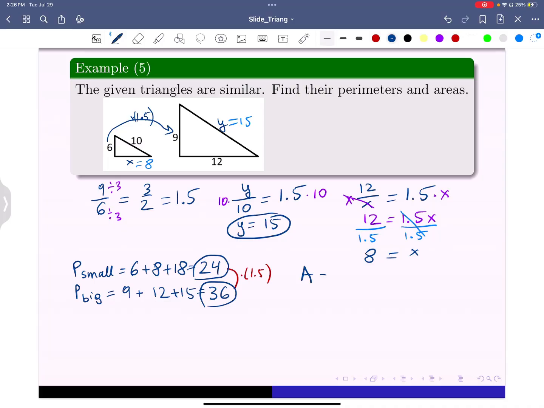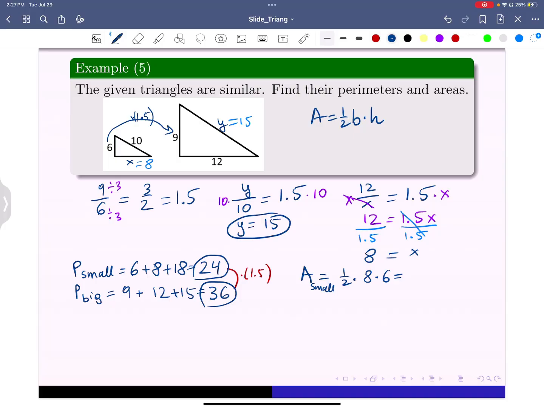Now the area of the triangle is 1/2 base times height. So the area of the small triangle would be base, and height is right here for right triangles. So small is 1/2 times 8 times 6.